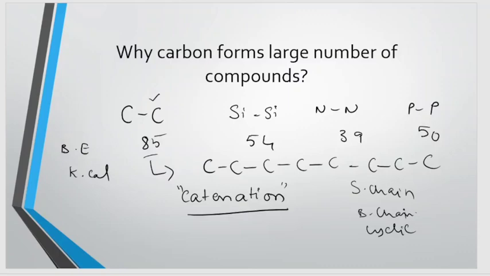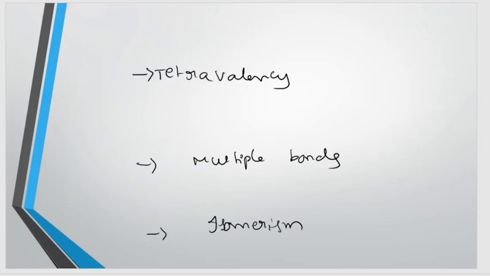And not only the catenation property is responsible for forming so many compounds, but also the ability to form multiple bonds and the ability to show isomerism, and no doubt it is because of the tetravalency of the carbon atom. What is this tetravalency of the carbon atom?